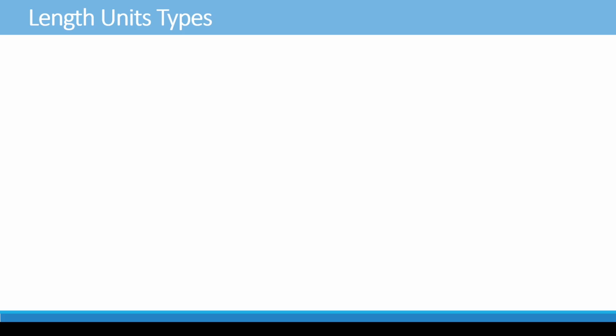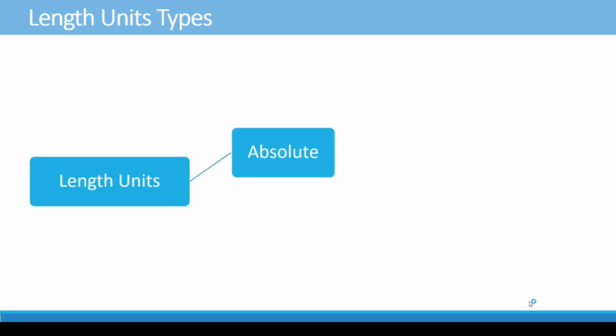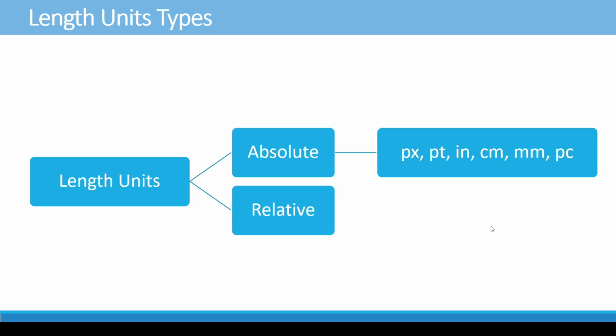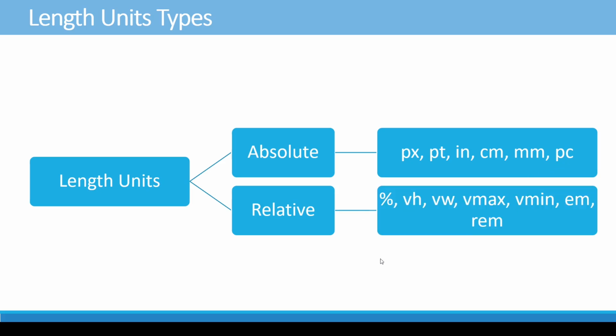Length units are divided into two main categories: the absolute units and relative units. Absolute like pixel, point, inch, centimeter, millimeter, and picas. Relative like percentage, viewport height, viewport width, vmax, vmin, em, and rem.